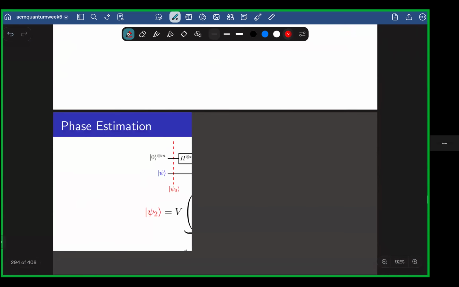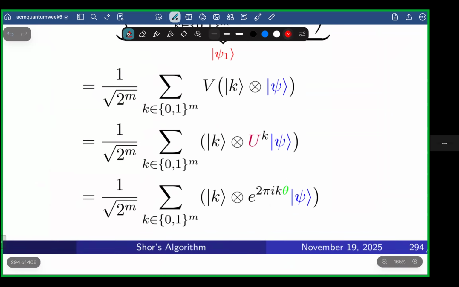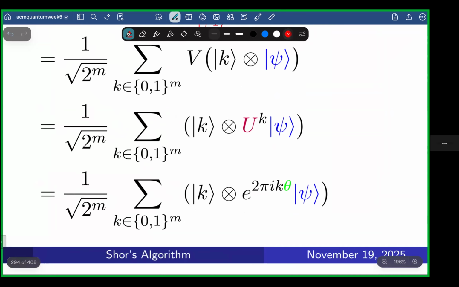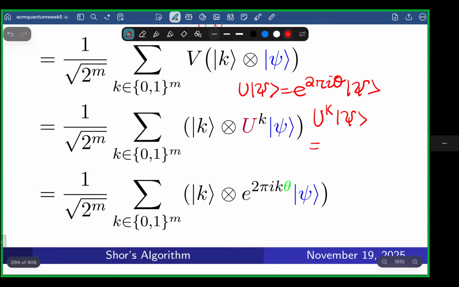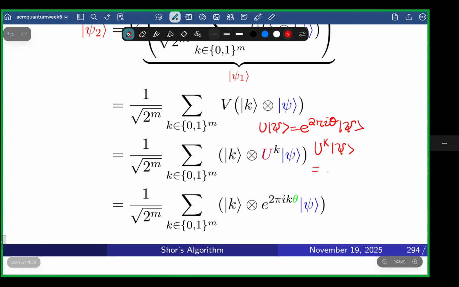Psi is our eigenvector of U, remember? And so if U times psi is equal to e to the 2 pi i theta times psi, then U to the k on psi will be that same eigenvalue, but k times.